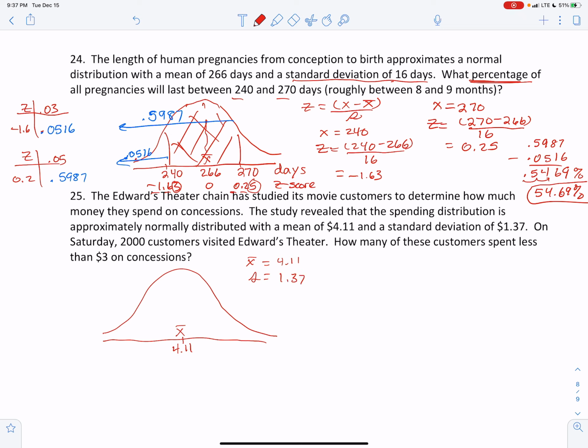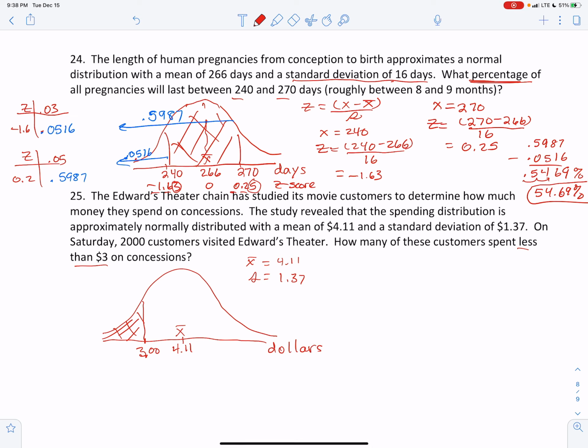We're interested in the percentage of customers who spend less than $3. So $3 is over here somewhere. So less than that to the left. So these are the dollars.